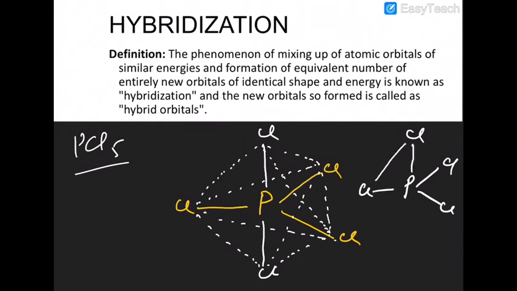That is the triangular base, so one pyramid is above, and the second pyramid is below. That is the bipyramidal geometry.